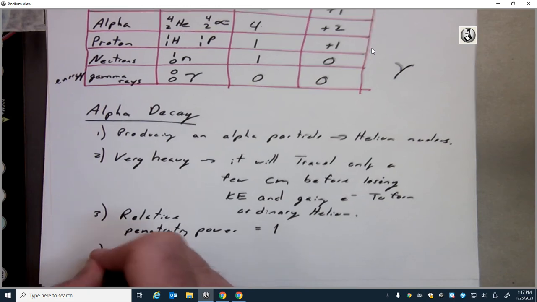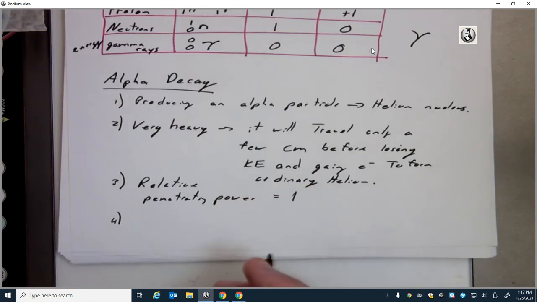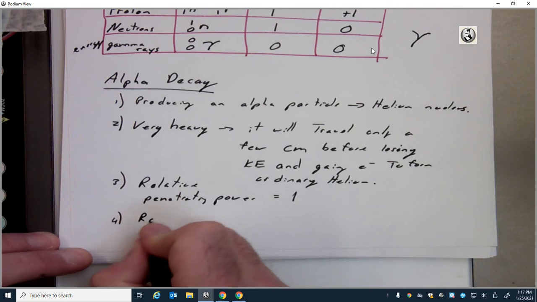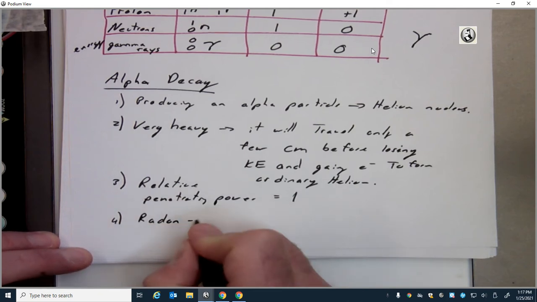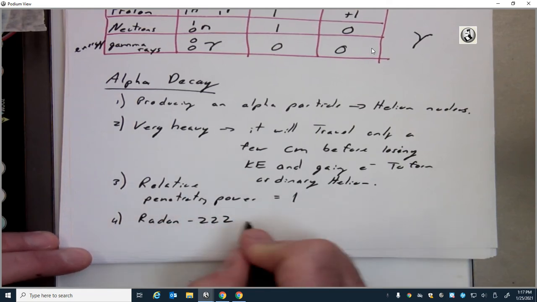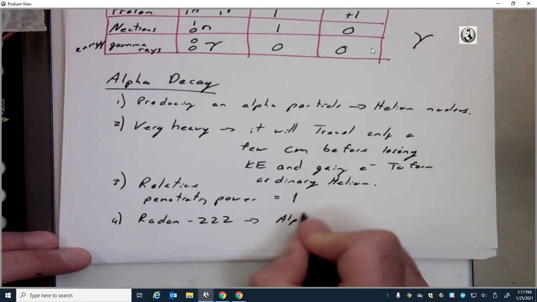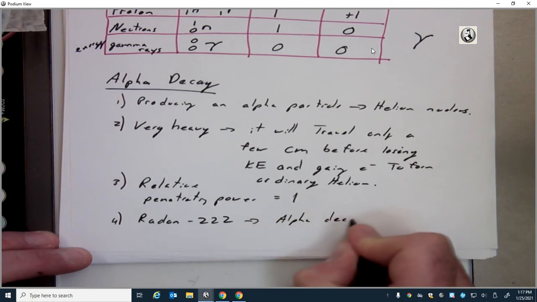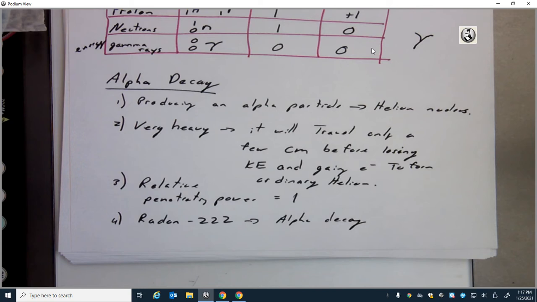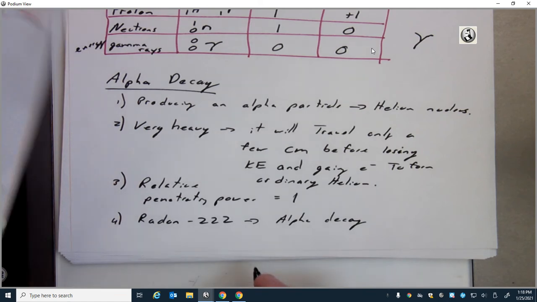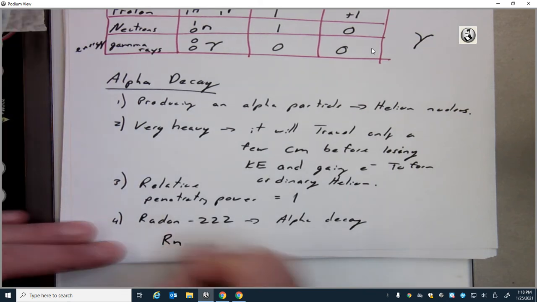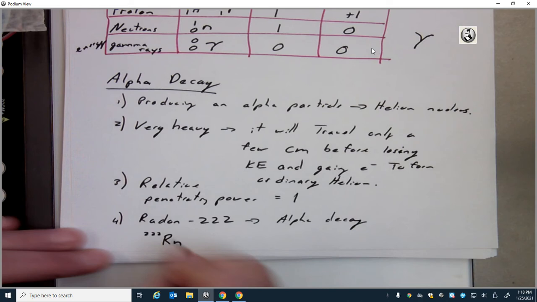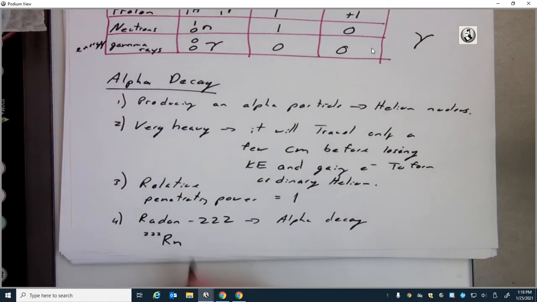Now, an example of this decay mode: radon-222 goes through alpha decay. So we can write this nuclear equation. We start with radon, Rn. Its mass is 222, and it has 86 protons.